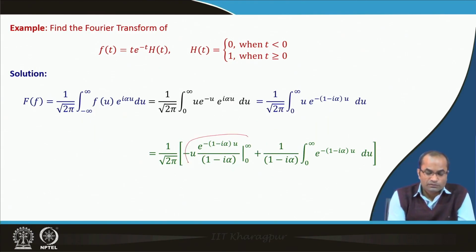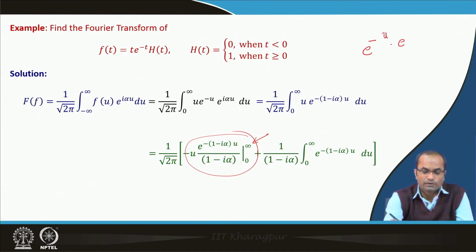Coming back to the first term, when we take the limit at infinity, we have u and e^(iαu), which is cos αu plus i sin αu, together with e^(-u).